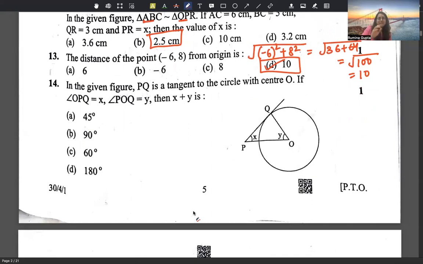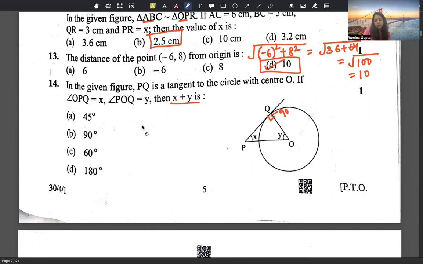It's very simple, and within a second I can solve this question. In a given figure, PQ is a tangent to a circle with center O. These two angles are given and we just have to find X plus Y. Since I know that the point of contact between the radius and a tangent always gives you an angle of 90 degree, this is 90 degree.